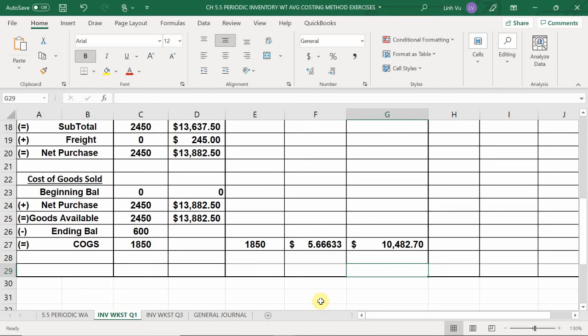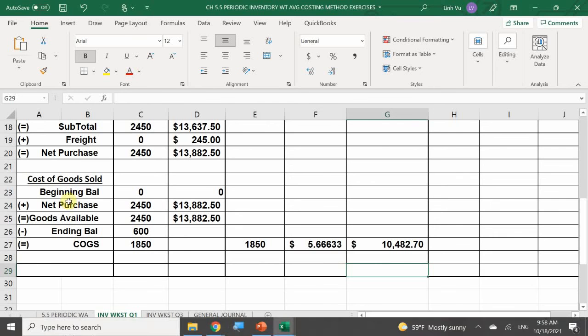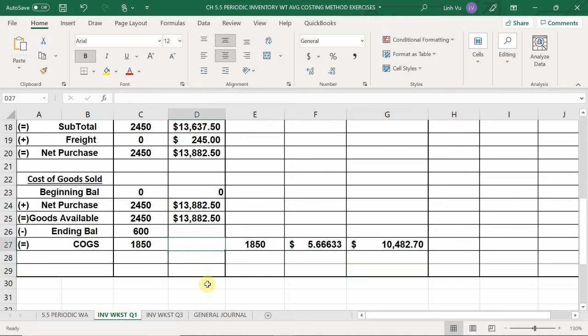Again, there's a little more extra math when it comes to rounding your numbers carefully, because at the end of the day, you don't want to over calculate that you have more inventory or more cost at the end of the given accounting period. So my best advice to you is to not round until the end.